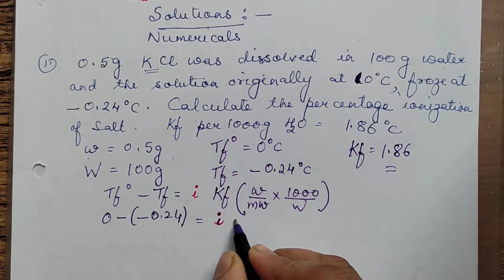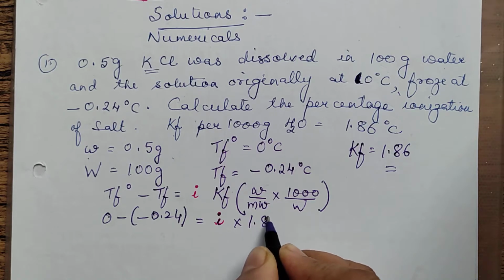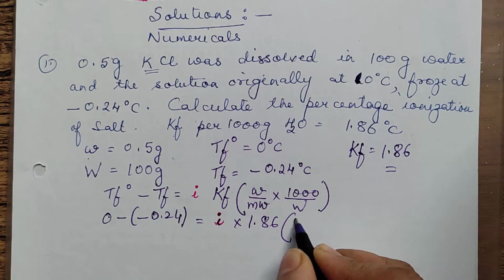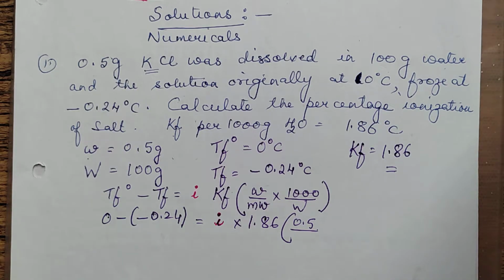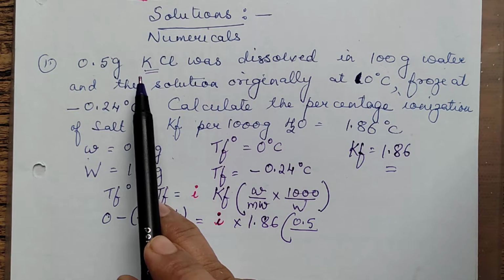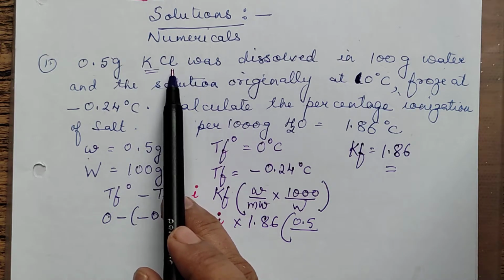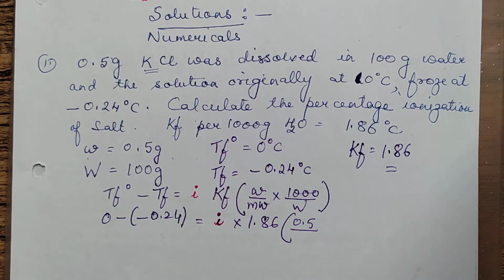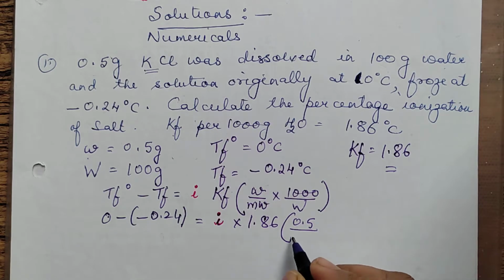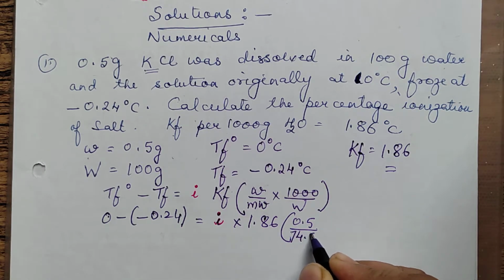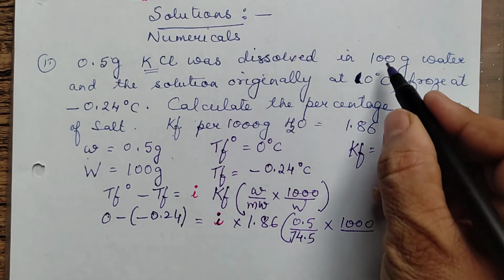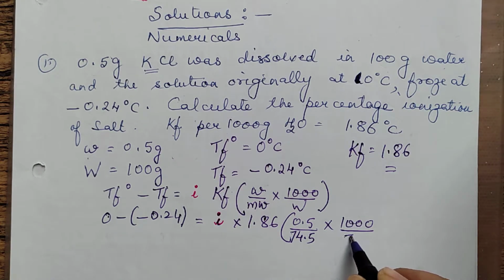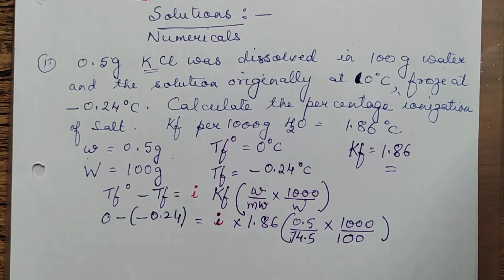Kf value we will put as 1.86, and then small w value we are putting 0.5. Molecular weight of potassium chloride we can calculate, that is 39 plus 35.5, so we will add it and we will get 74.5, into 1000 divided by the weight of the water, that is given as 100 grams. So we will put it and solve this.